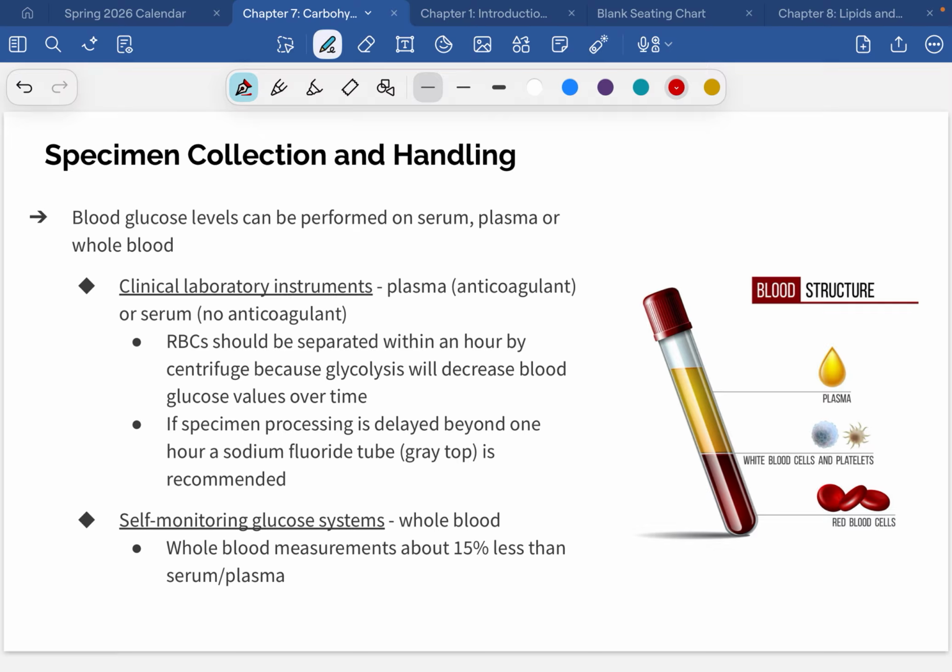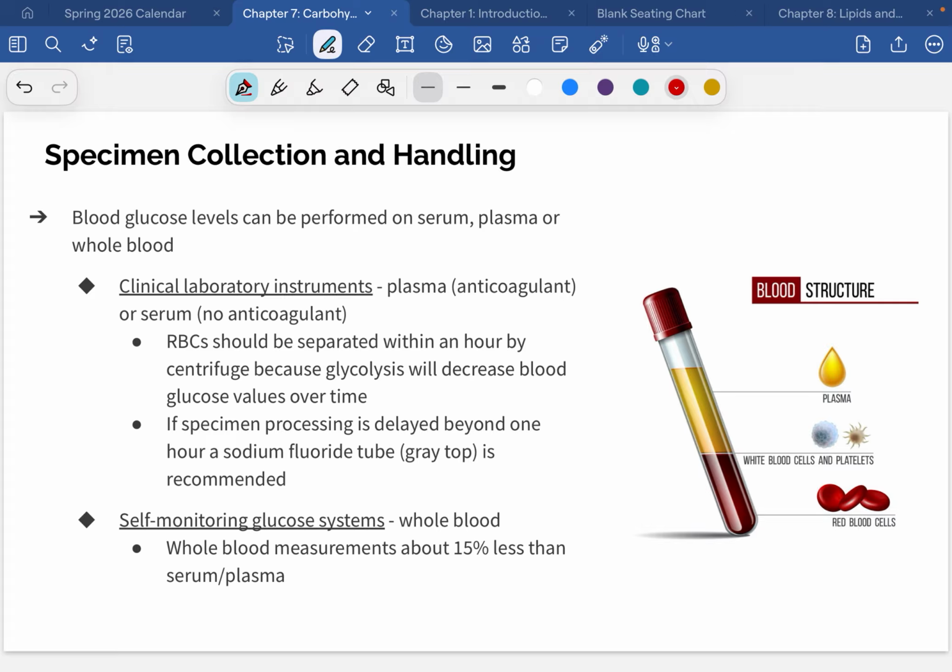How do we handle blood specimens, things like that, when we are testing for blood glucose within a laboratory? And this is going to be a common theme as we move through this class. We are going to talk about what it is that this test is telling us. So, we talked about what the normal ranges of blood glucose are, what it means if it's high, what it means if it's low, and what types of diseases would cause that.